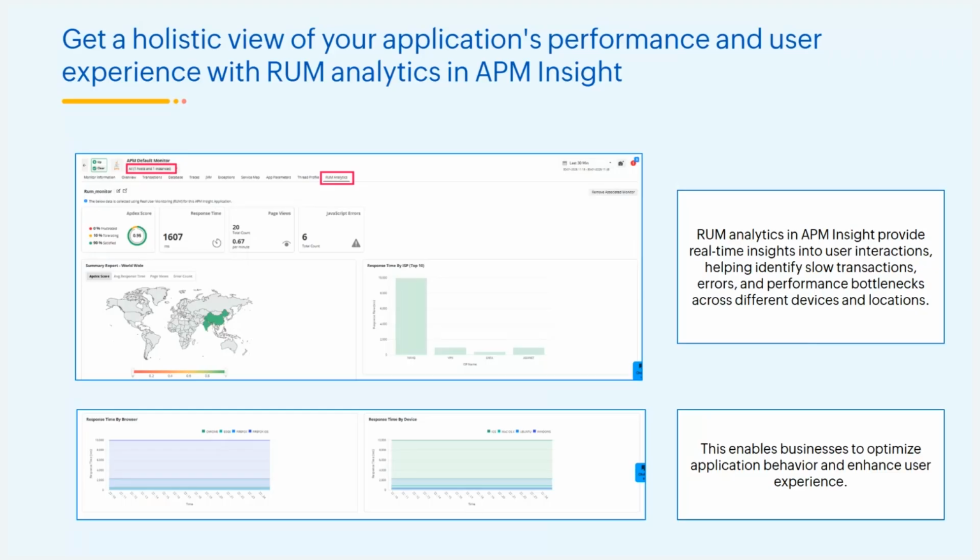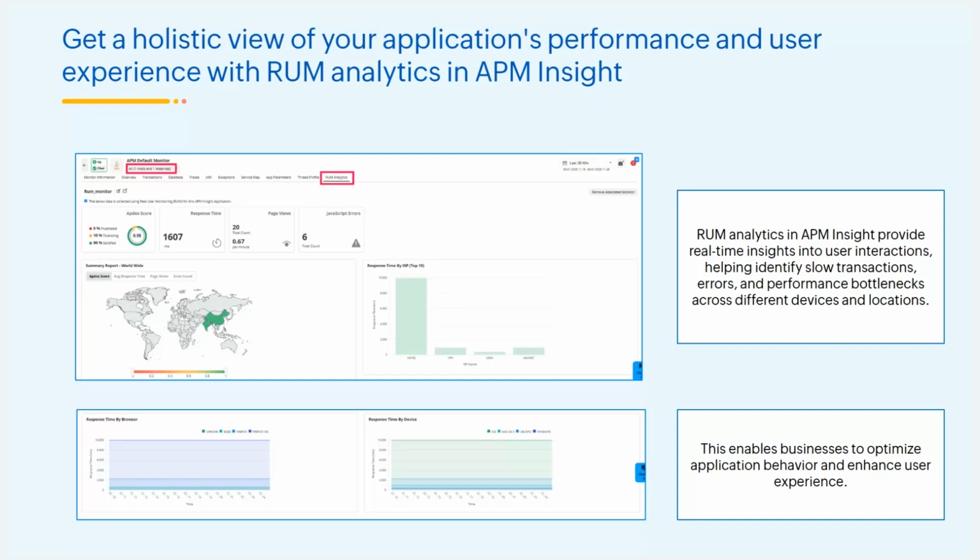We have introduced the RUM analytics feature in APM Insight, which will provide real insights into your user interactions, allowing businesses to monitor and optimize application performance effectively. By tracking key metrics such as response time, page view, JavaScript errors, and geographic performance trends, it helps to identify slow transactions, errors, and performance bottlenecks across different devices and locations.